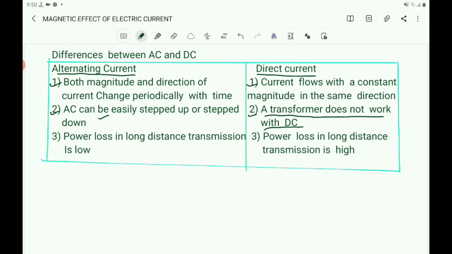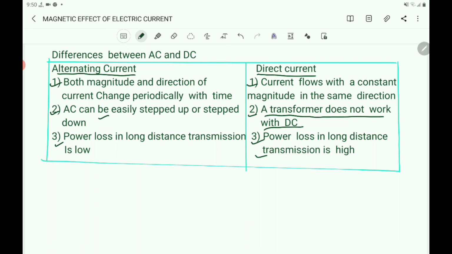Next, third one, power loss in long distance transmission is low. In the case of alternating current, power loss in long distance transmission is low. But in the case of direct current, power loss in long distance transmission is high, as you cannot step up or step down.